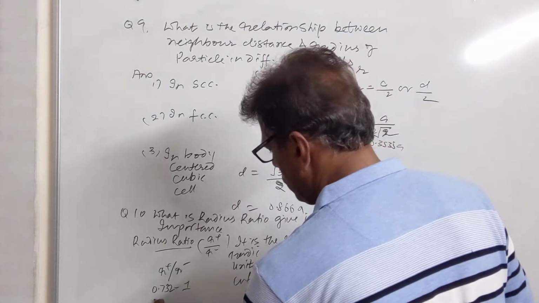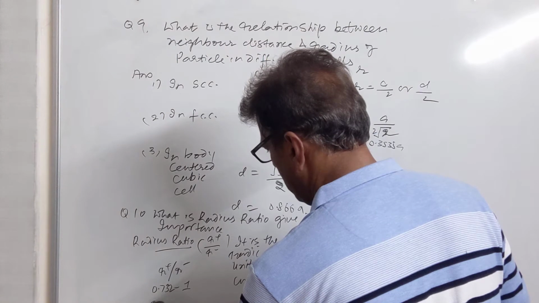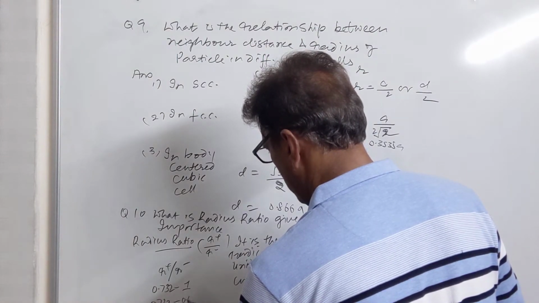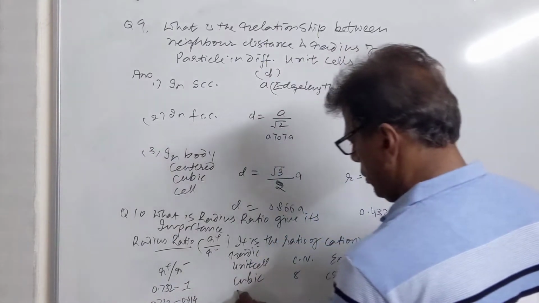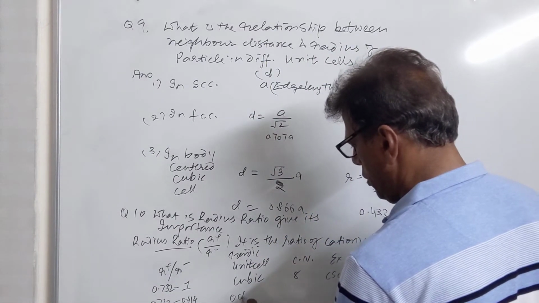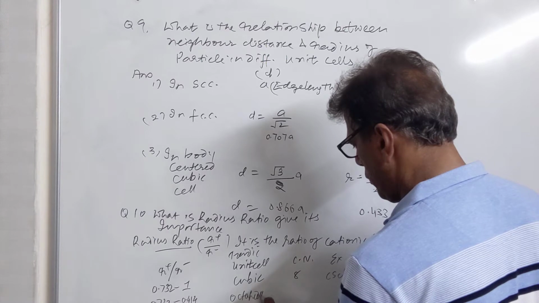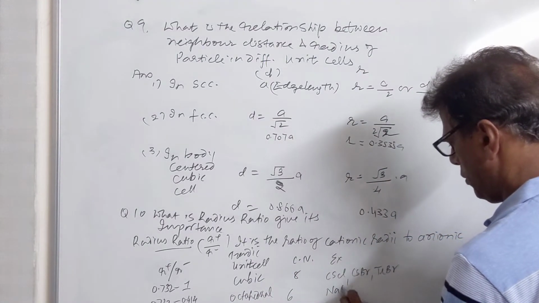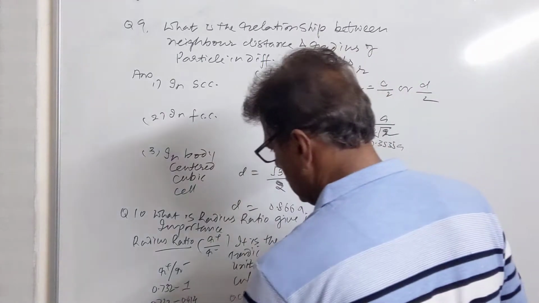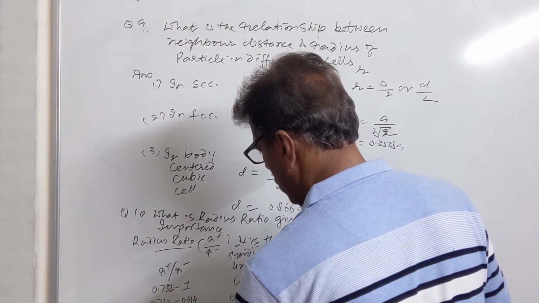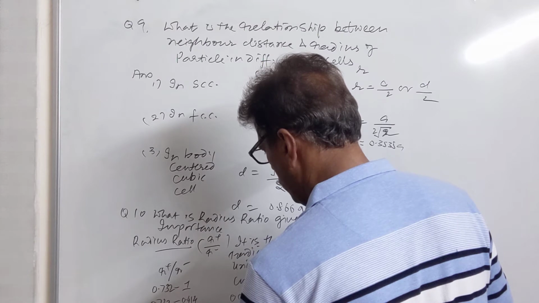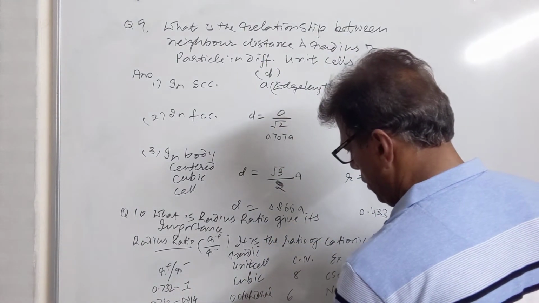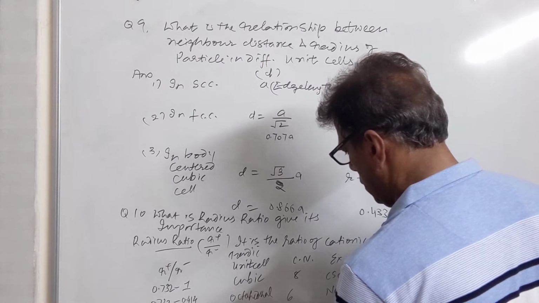If this ratio comes out to be between 0.73 to 0.414, then octahedral arrangement is there. Coordination number 6, example is NaCl. If this ratio comes out to be between 0.414 to 0.225, then we have tetrahedral arrangement of the particles.